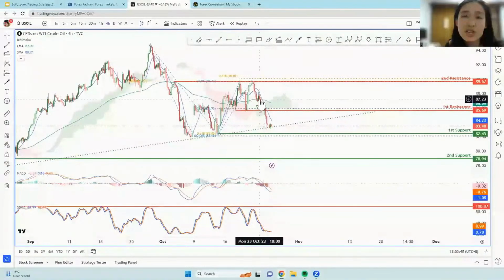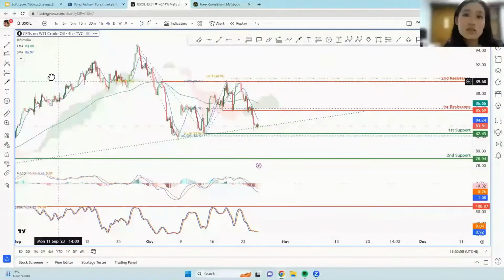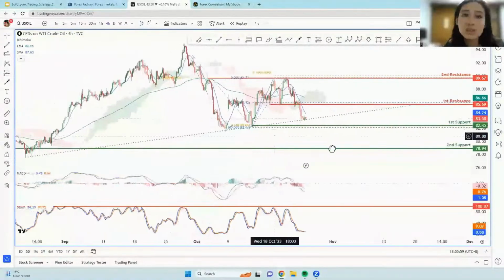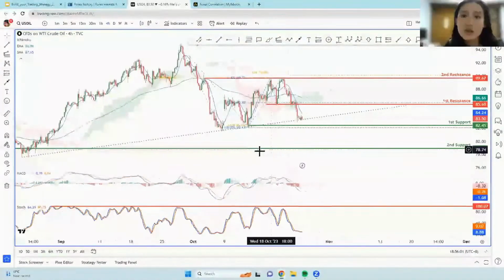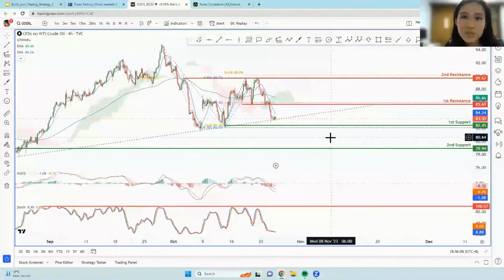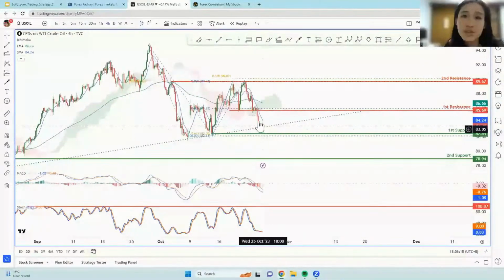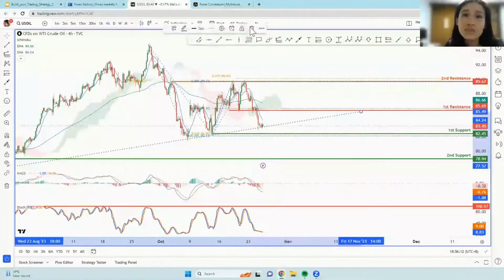I thought we could see a trend difference if there is a crossover, but the trend difference has already occurred. So overall, all of our signals are pretty bearish despite this ascending trend line, so we can expect it to continue to drop or to break out of this ascending trend line.